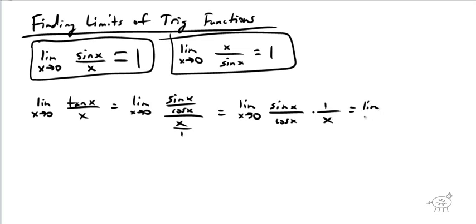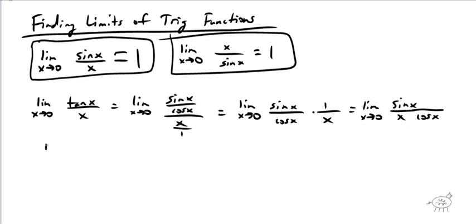I'm showing a couple of steps here. I'm going to put the sine of x with that x, giving sine of x over x, because we already know that sine of x over x is 1. Remember one of our properties was the product rule for limits.